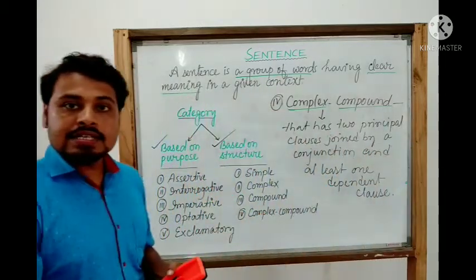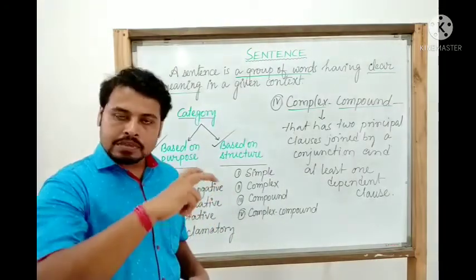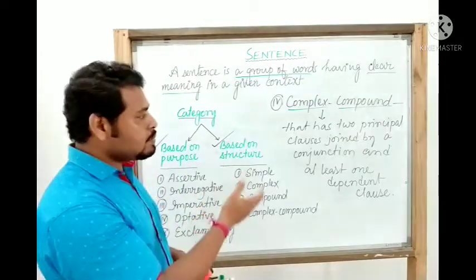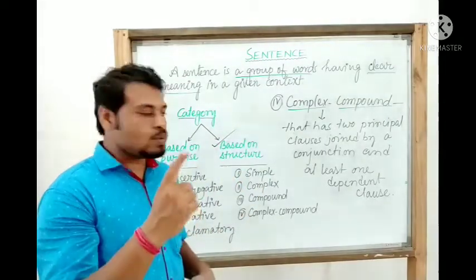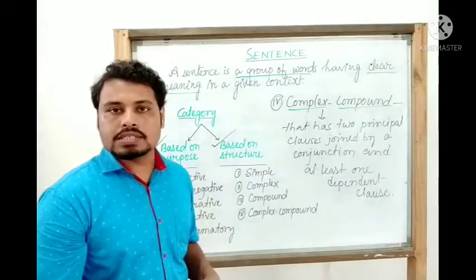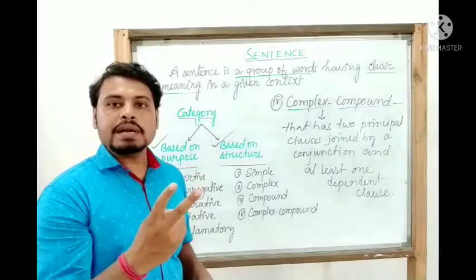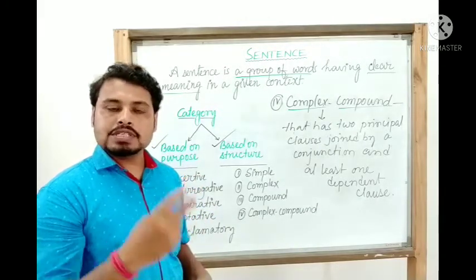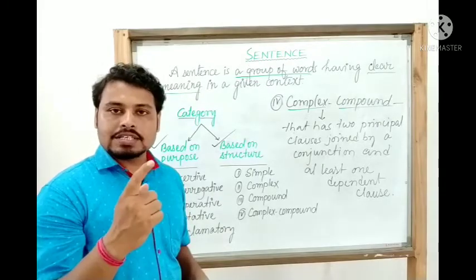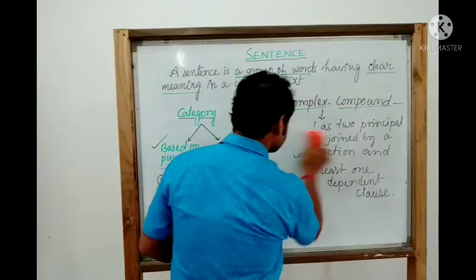So the sentence has two principal clauses, joined by a coordinating conjunction, and at least one dependent clause or subordinate clause. That means two independent clauses and at least one dependent clause. That means two principal clauses and at least one subordinate clause. So let us have an example of this.